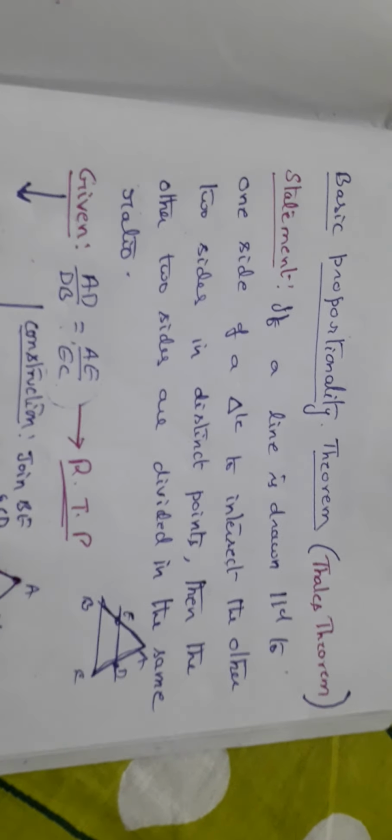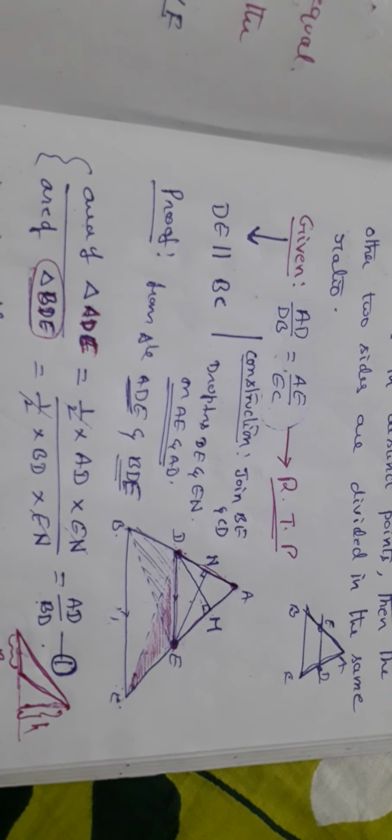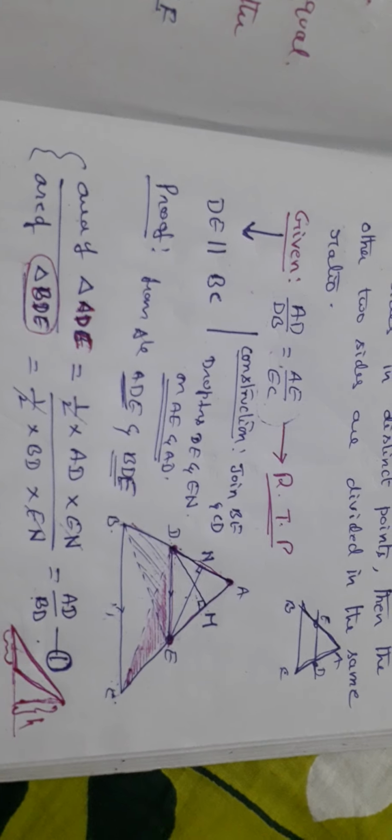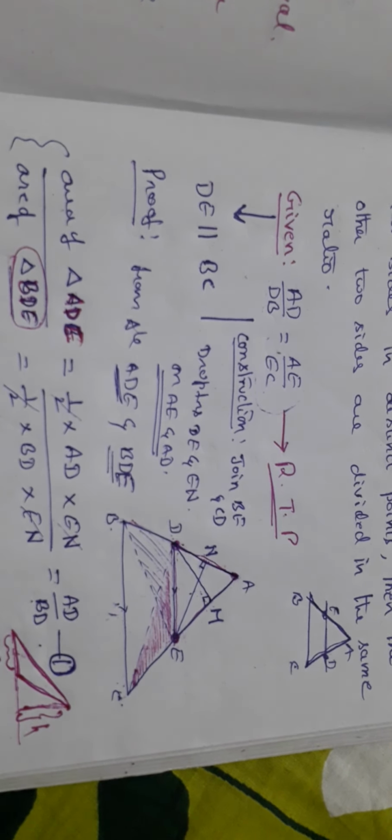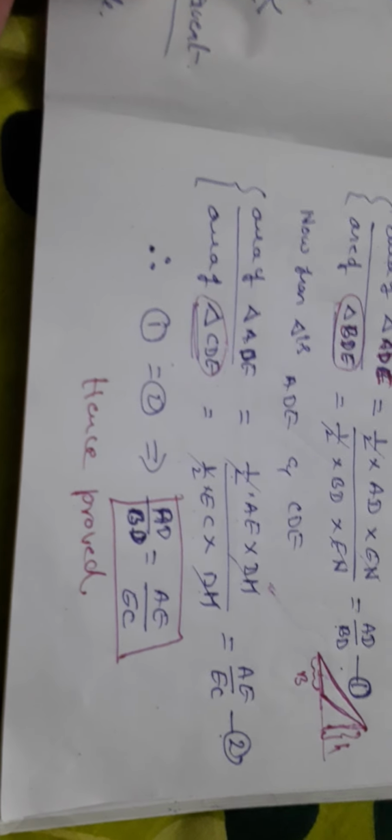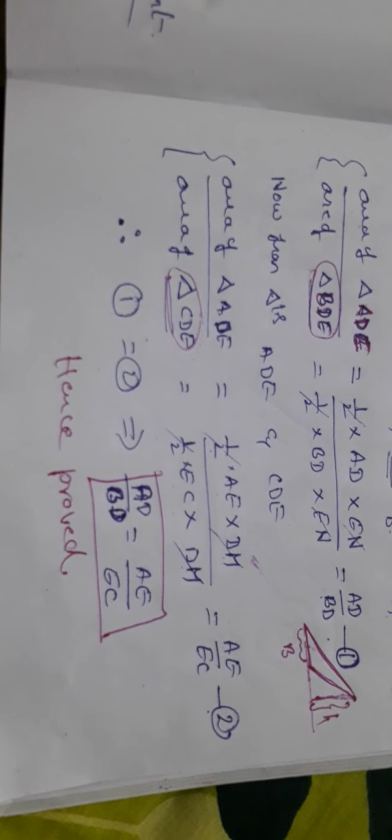Okay, so this is the screenshot. Take the screenshot, and this is the diagram part. Try to understand why we are taking the externally drawn perpendicular as the height, and this is the conclusion part. Okay, children? Yes.